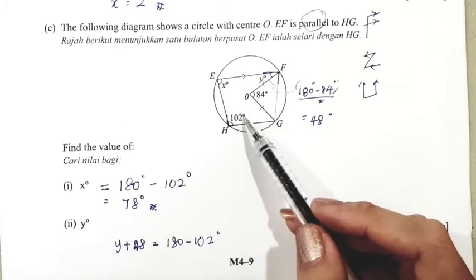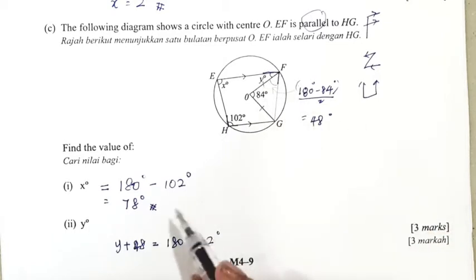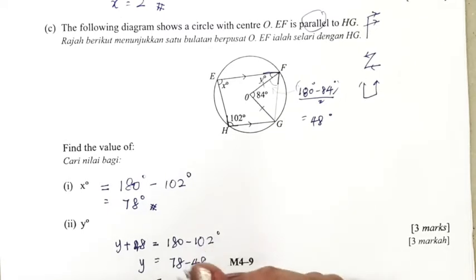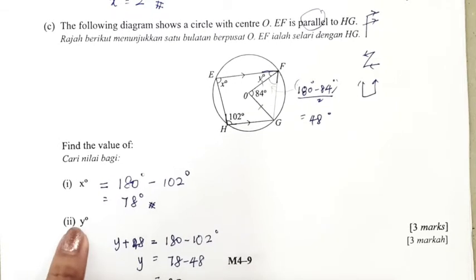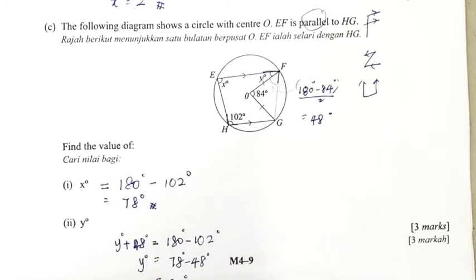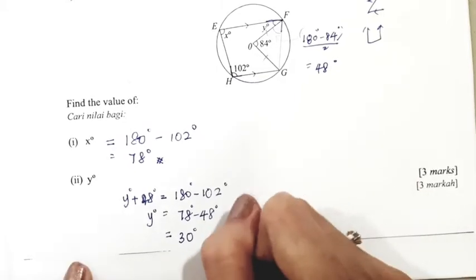So 180 minus this, I will be left with Y plus the 48. To find Y, I just need to take 78 minus the 48. So Y is 30 degree. We need to find Y degree, so put the Y degree there, 30 degree over here. Make sure the units are all written there. Okay, so we have found our X and Y.